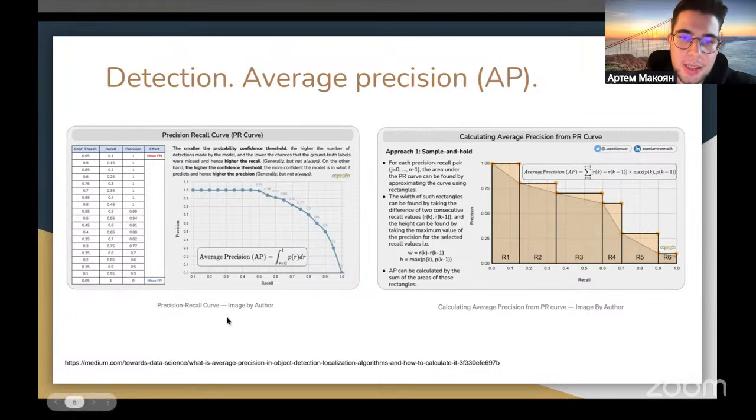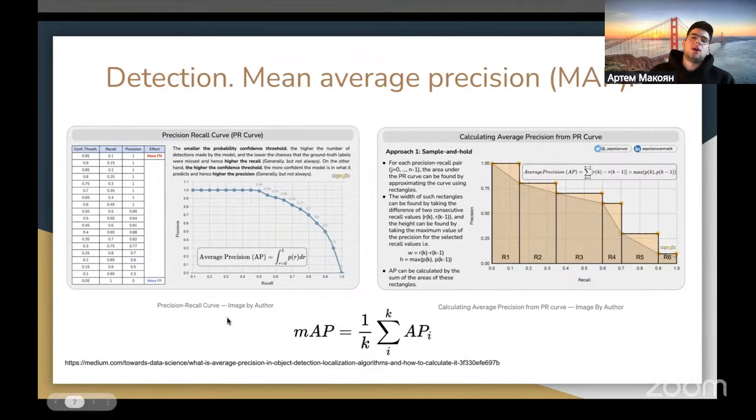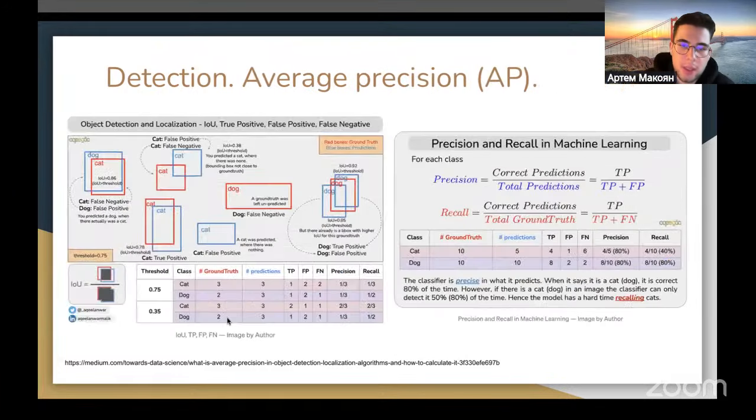Okay, the hardest part, I believe, is gone. Now, if we have many classes, even if we have 2 classes, you can see here precision recall for cat and precision recall for dog. That's because when we count precision recall, our classes are not equal. We have 0 and we have 1, and we try to guess the first class.